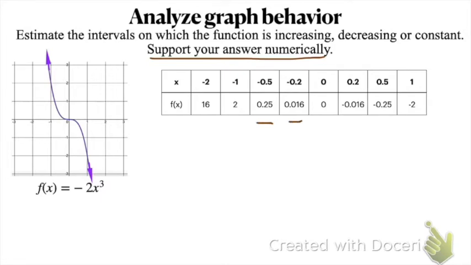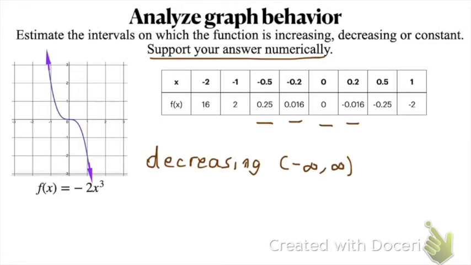At negative 0.2, we're at 0.016. 0 goes to 0, and then we go to negative 0.016 when we get to 0.2. So for the entire domain of this function, we are going down from left to right. So we are decreasing on the interval from negative infinity to infinity. We are decreasing the entire function.